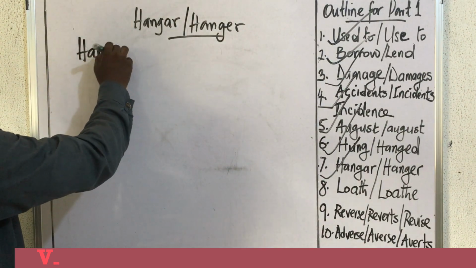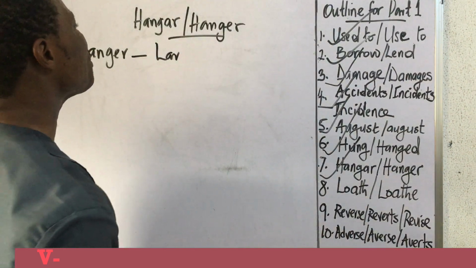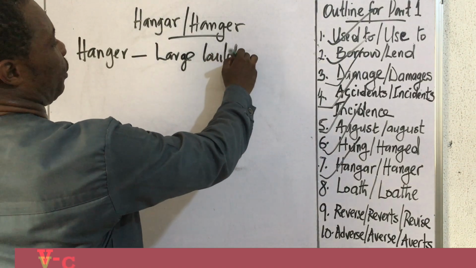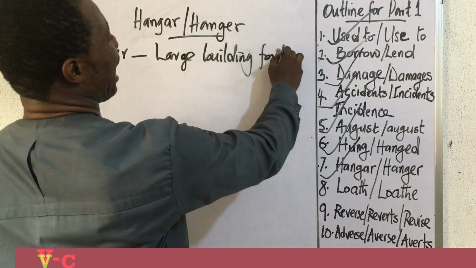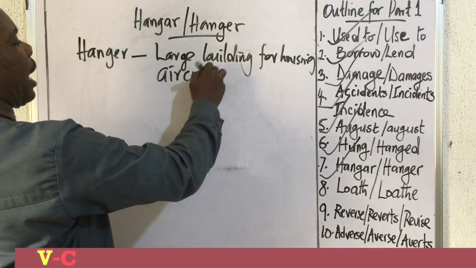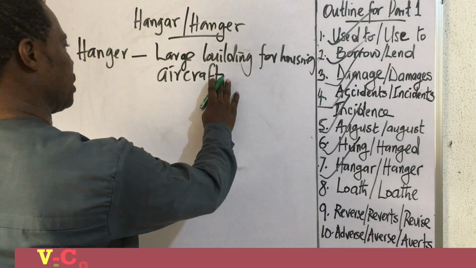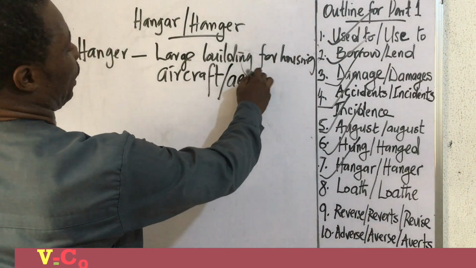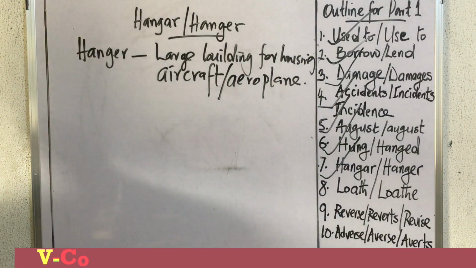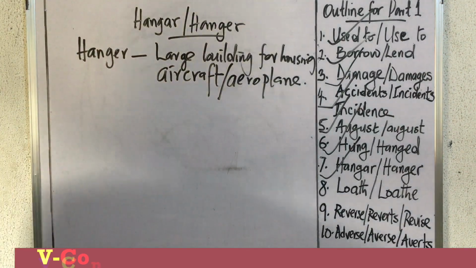Hangar, the one spelled with A, is a large building for housing aircraft, that is where airplanes are kept. Aircraft is the American word; aeroplane is British. So it's a large building where airplanes are kept or parked.